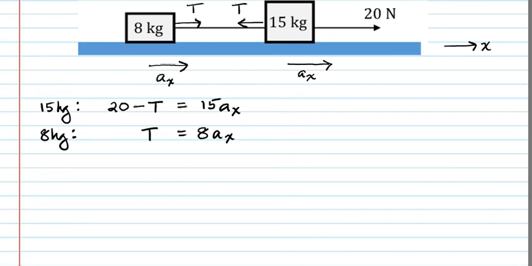You might want to take the time to verify that the acceleration is going to be 0.86956 meters per second squared, and the tension is going to be about 6.9565 newtons.